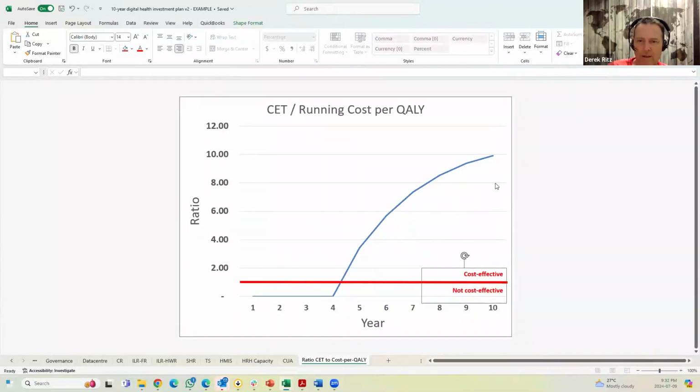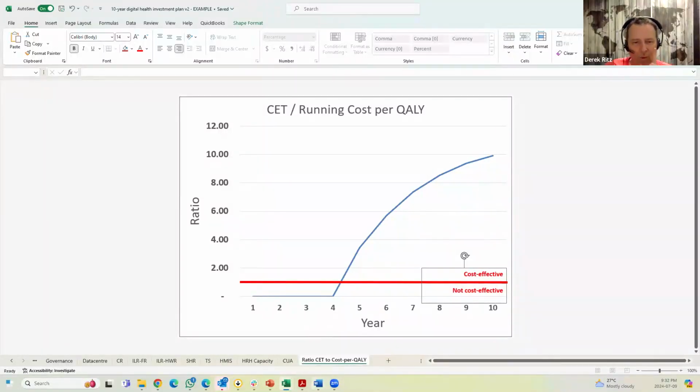Well, let's just skip right to year 10. I'm getting $10 of return for every dollar I spend on digital health. And this is a low-income country. I'm going to leave it at that.